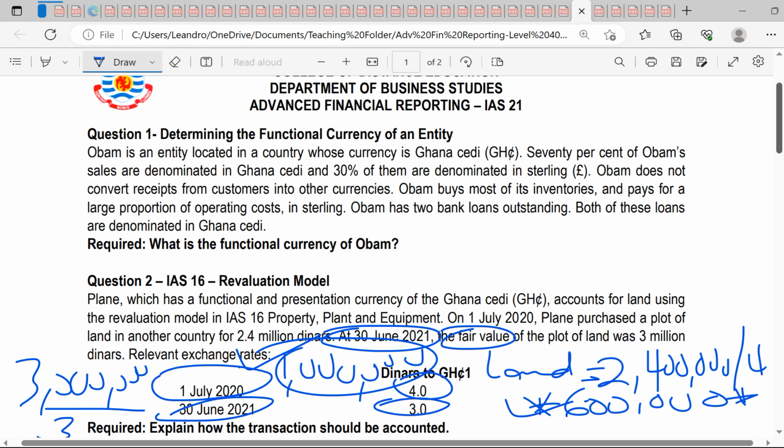So you are going to have to debit the land 400,000 and credit revaluation reserve through OCI 400,000, so that the PPE balance will increase from 600,000 to 1 million. Okay, and that's what will happen. Let's see how it will look when you pass the journal.